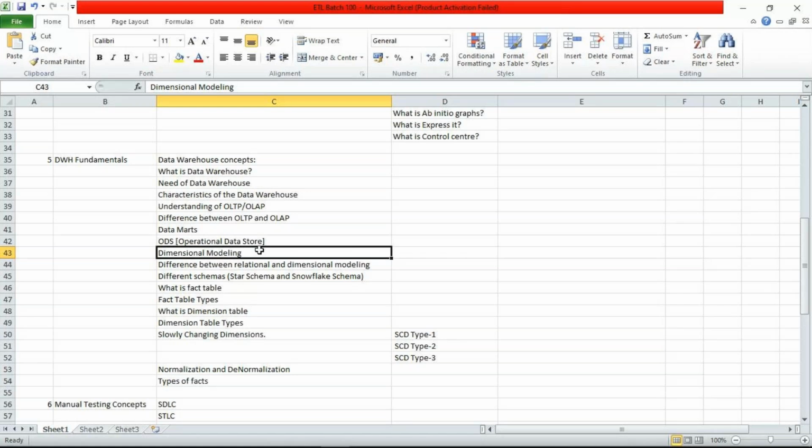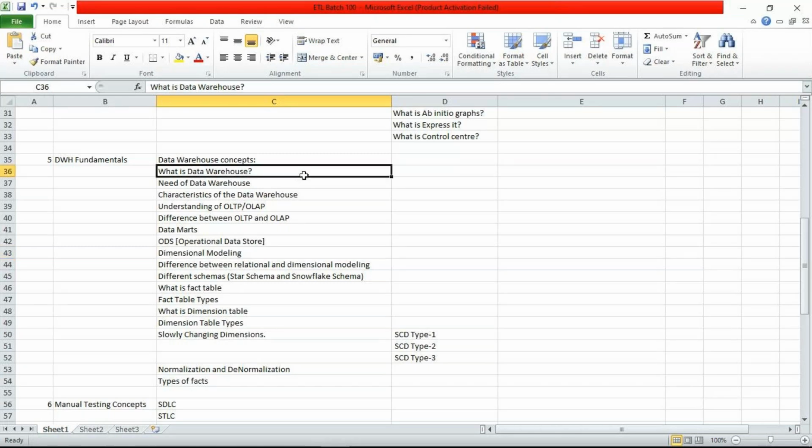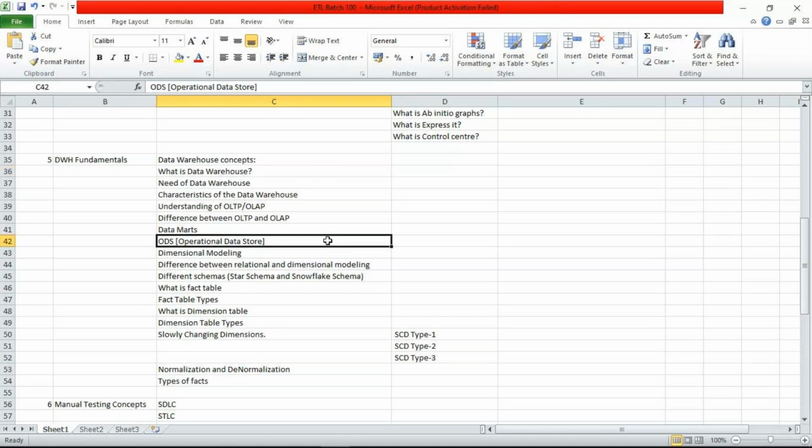It has different rules than a data warehouse, and it has a limited period of data retention. A data warehouse can retain data for several years, but in an operational data source, ODS, there is a time limitation to storing the data.